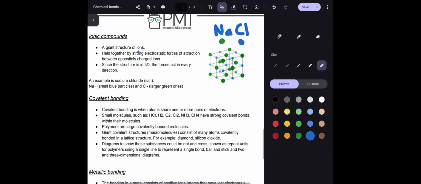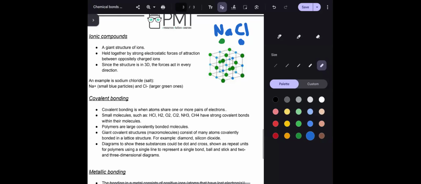So a giant structure of ions is formed by some compounds that undergo ionic bonding, where they have hundreds or thousands of sodium and chlorine atoms, and that is what makes up ionic compounds such as sodium chloride.